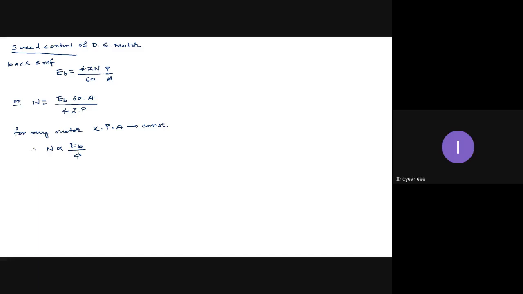Speed is proportional to back EMF and inversely proportional to the field flux. But E_b, from the voltage equation, is V minus I_a R_a. This is for a shunt motor. And it is V minus I_a (R_a + R_ac). This is for series and compound motor.